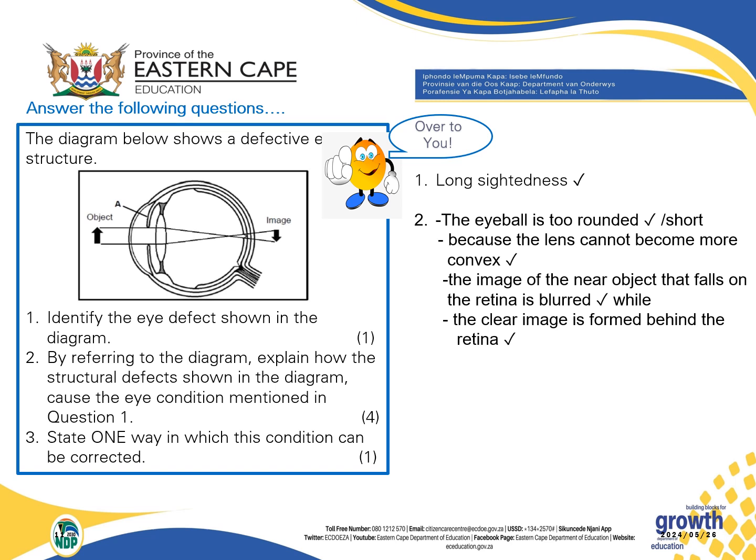So therefore, we need to bend the light rays more or refract the light rays more so that they focus on the retina. So which lens will refract light rays more? You're correct. It would be a convex lens. A convex lens would bend the light rays inwards, refracting them more so that they can be focused on the back of the retina.